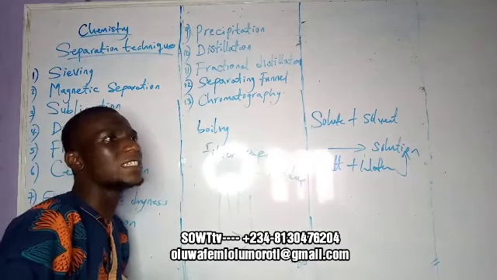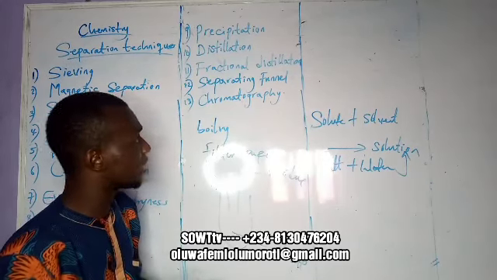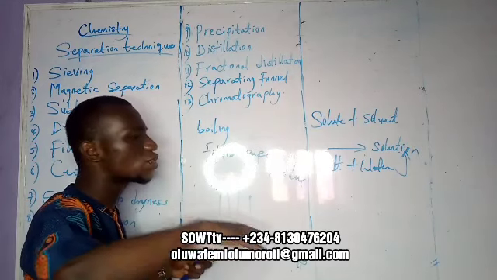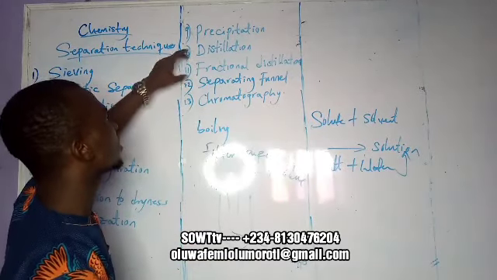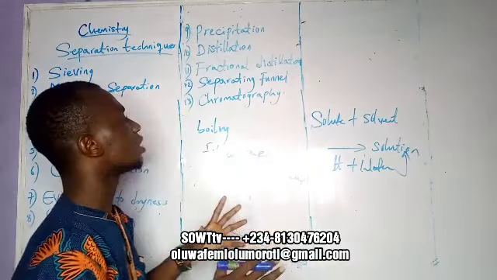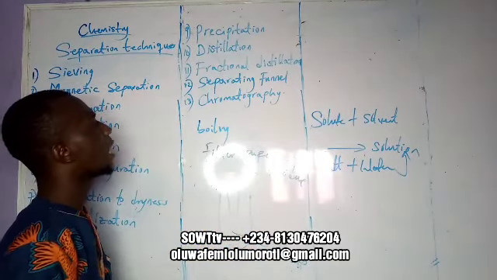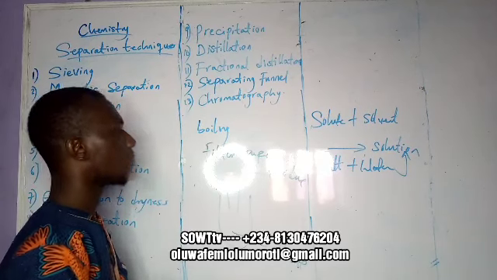So this will now come in descending order or ascending order in a column, and each will get to its own different fraction. So it is typically used in the petroleum industry.